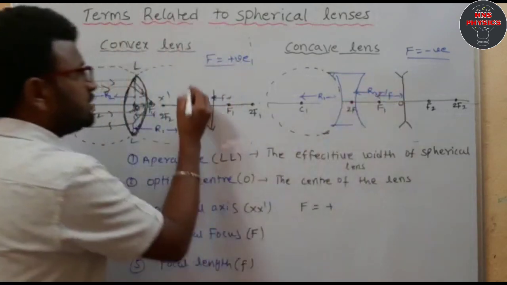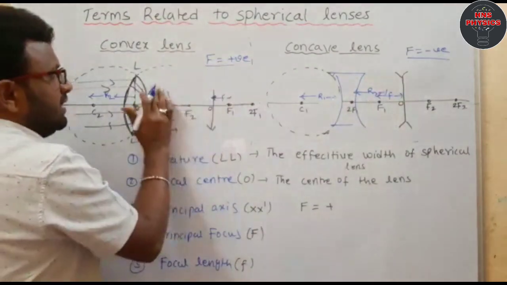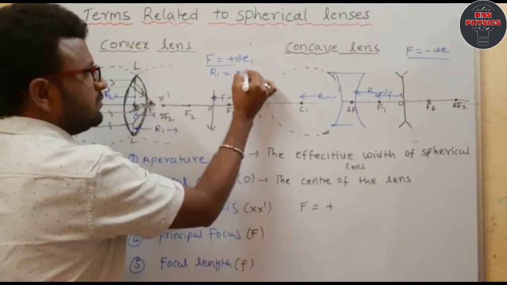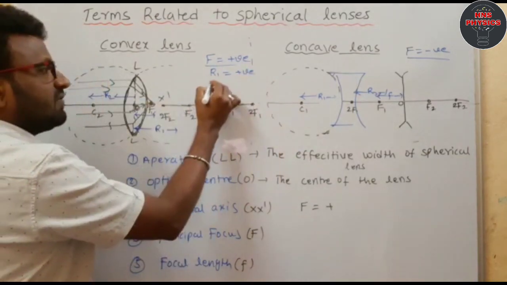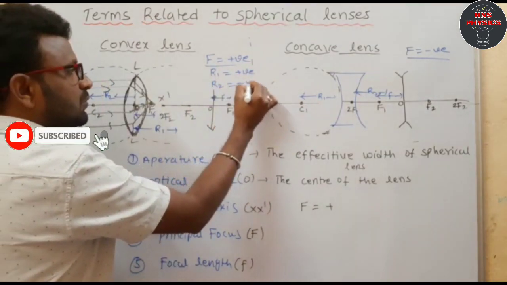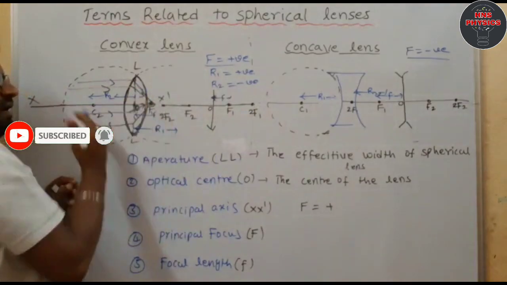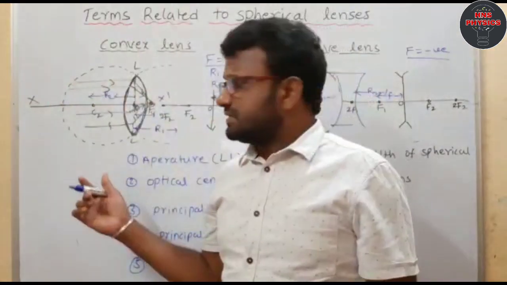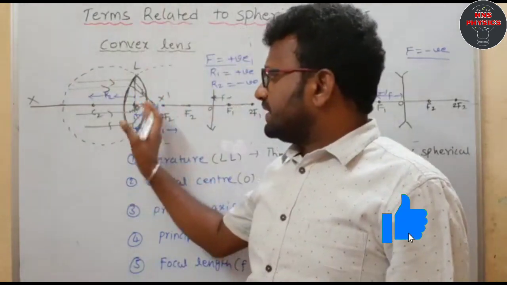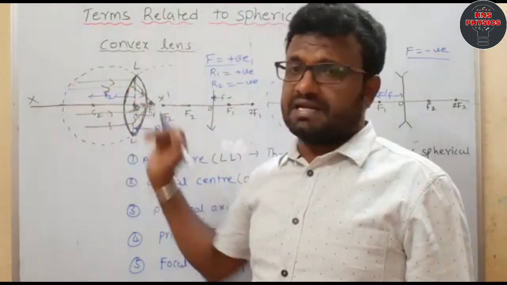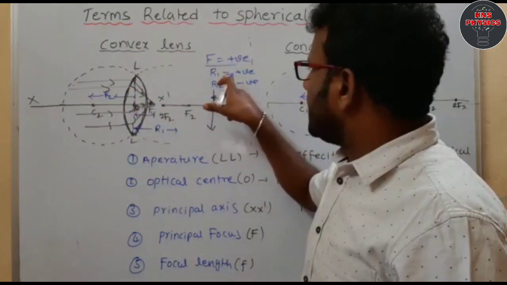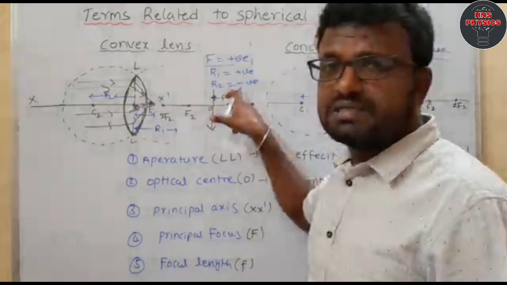The radius of curvature for the first surface of a convex lens is positive, and the other one becomes negative, because according to sign convention, the distance measured opposite to the incident ray is negative. So for a convex lens, focal length is positive, R1 is positive, but R2 is negative.